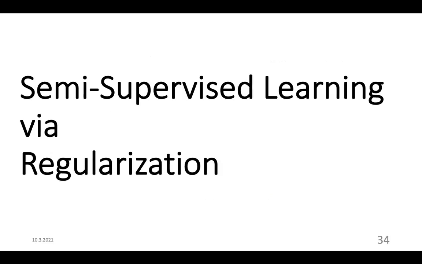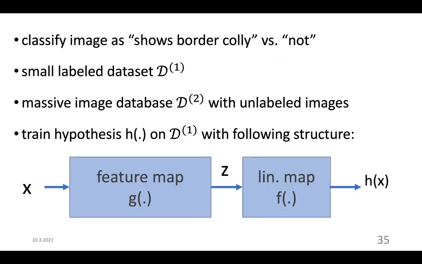Yet another example of regularization is called semi-supervised learning. Again, consider the problem of classifying images as showing a border collie or not. We simply have a too small training data set for this. However, we might have a massive image database with unlabeled natural images. In semi-supervised learning, we use this big data set of unlabeled images to first learn a map, or pre-processing step, which we call a feature map, to extract the most relevant features for natural images or for animal images.